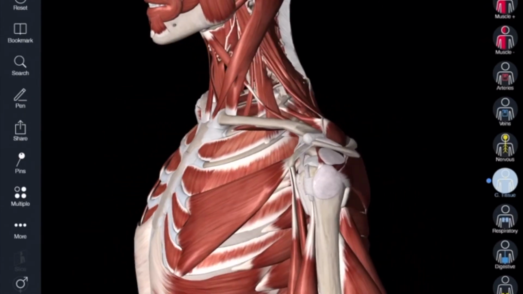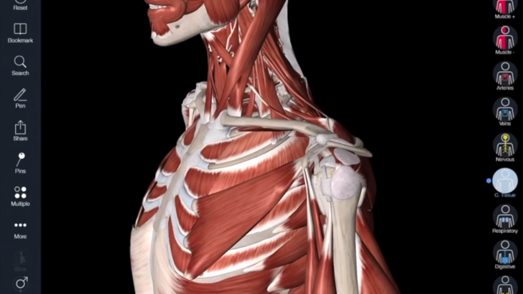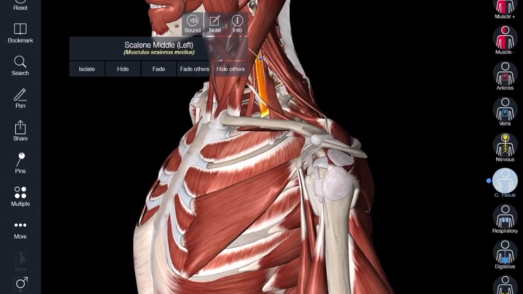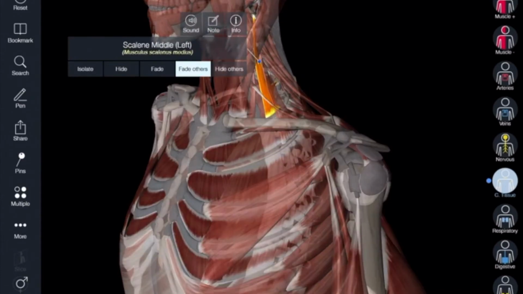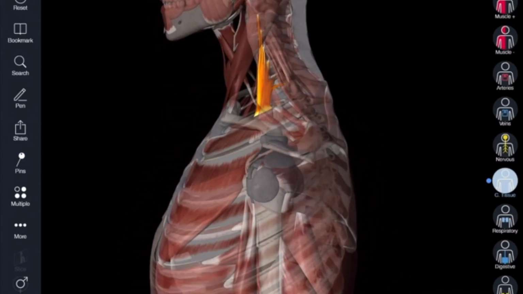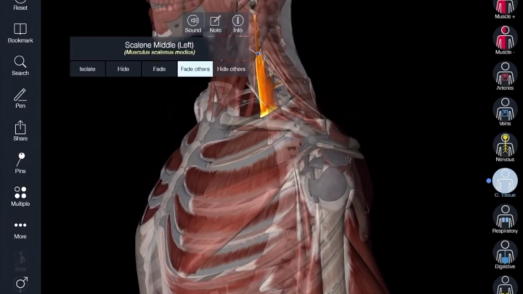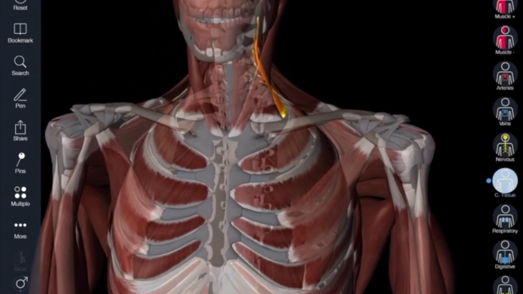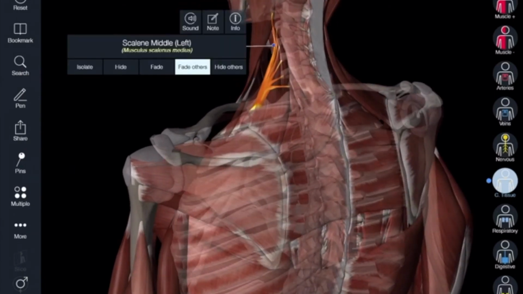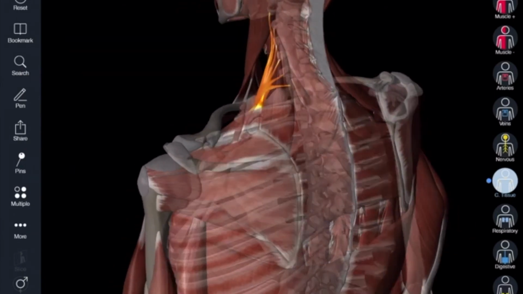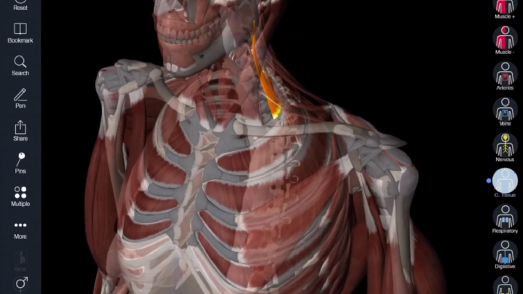And so being attached to ribs 1 and 2, they elevate ribs 1 and 2, which makes sense, that we need to have muscles that are attached much higher up in the neck and then attaching to ribs 1 and 2 to be able to elevate them, because you can't lift rib 1 without attaching something up above rib 1. So that's what the scalenes do. They are accessory breathing muscles. This is one of their actions. They elevate ribs 1 and 2 for a deep inhalation.